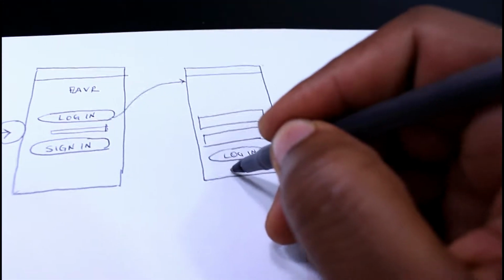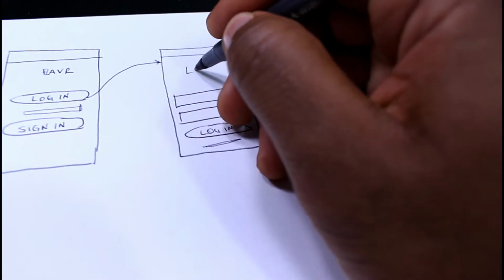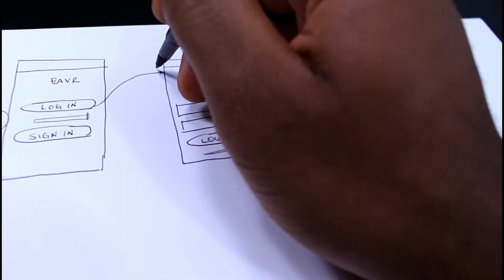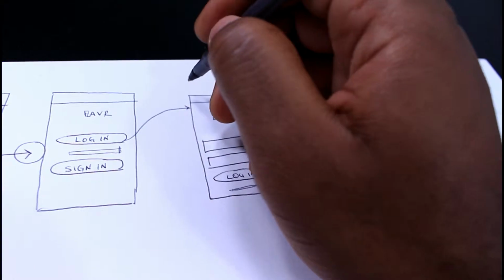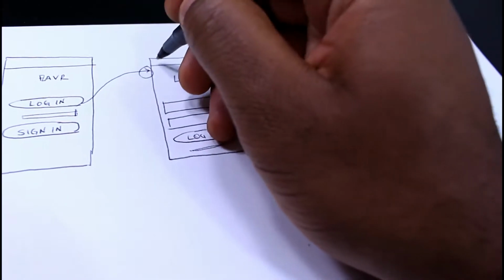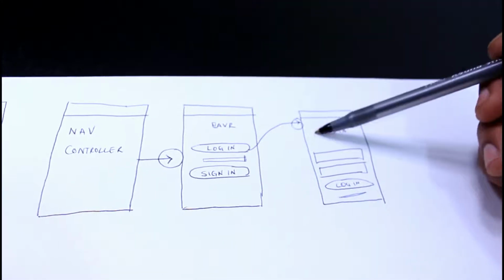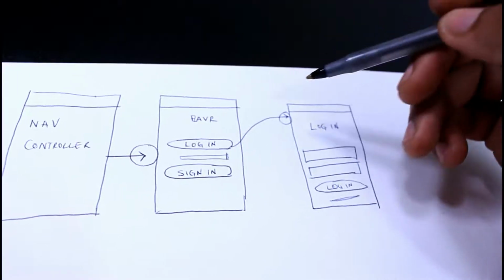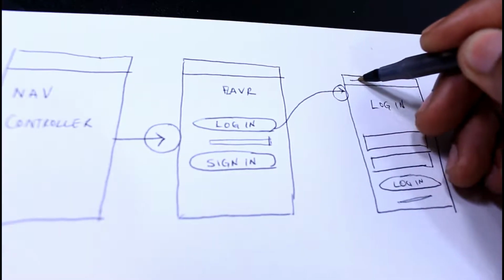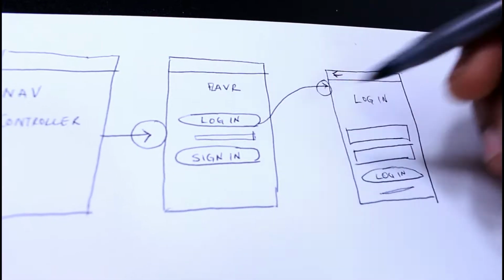And then there's some text here, forgot your password, whatever. So this navigation controller is the one controlling these two screens. So if we move from here to here, we're gonna have a back button right here that makes it easy to go back here, right?